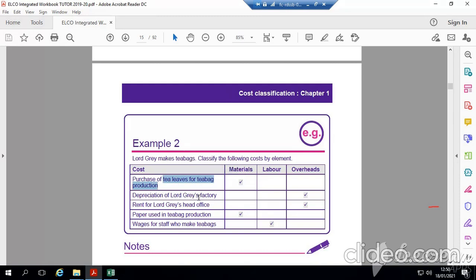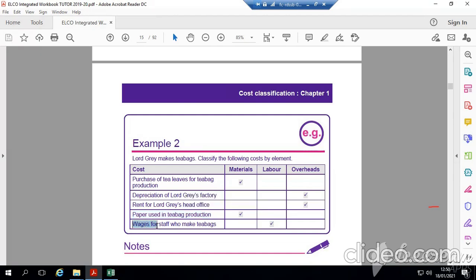Distribution of factory is other expenses, so it is overhead. Rent is other expenses, overhead. Paper used in tea bag production is relating to material.